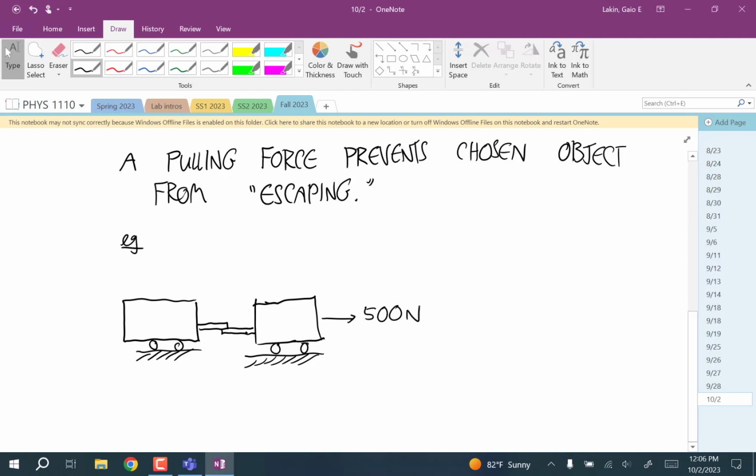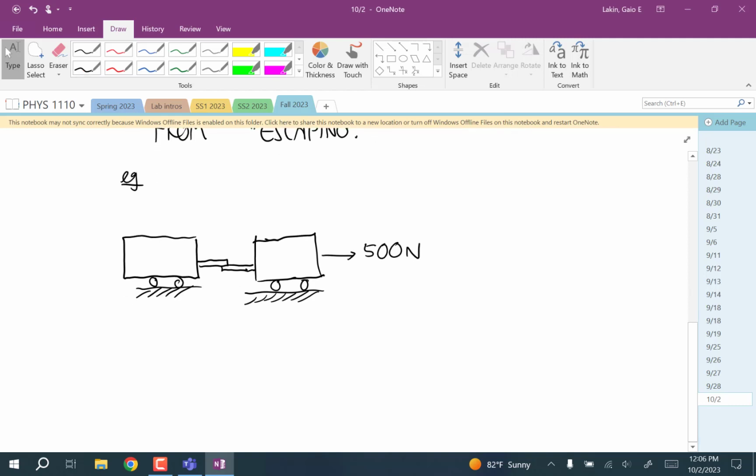okay? Let's think of the free body diagrams of these 2 bodies. Well, actually, don't think of it as free body diagram yet. Just think about the 2 bodies. Okay, so here's this one. And then over here is this one.